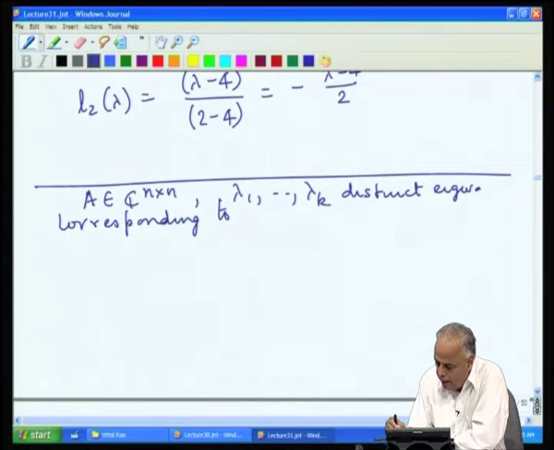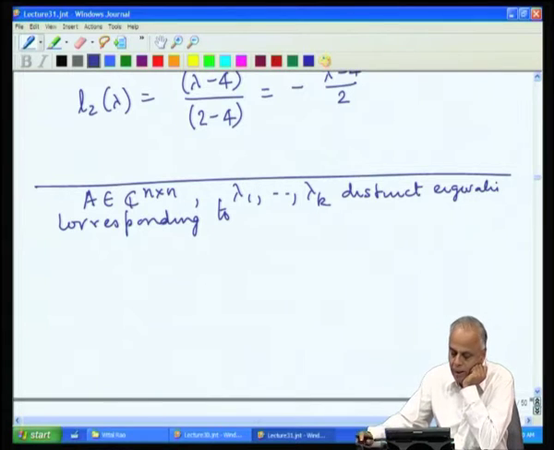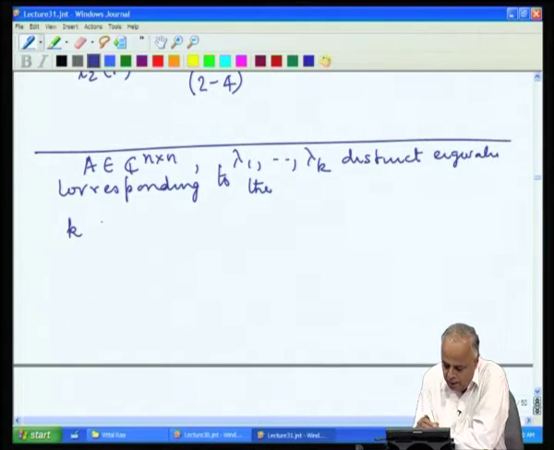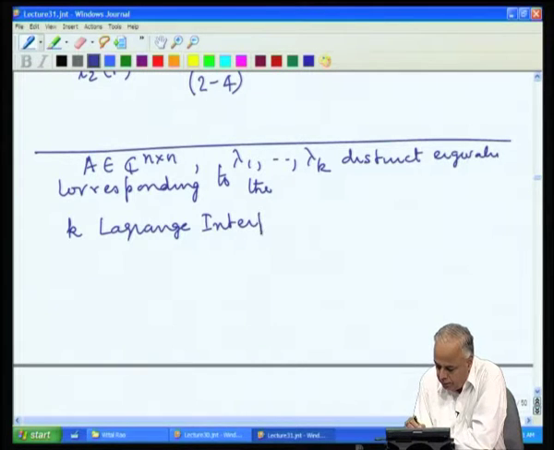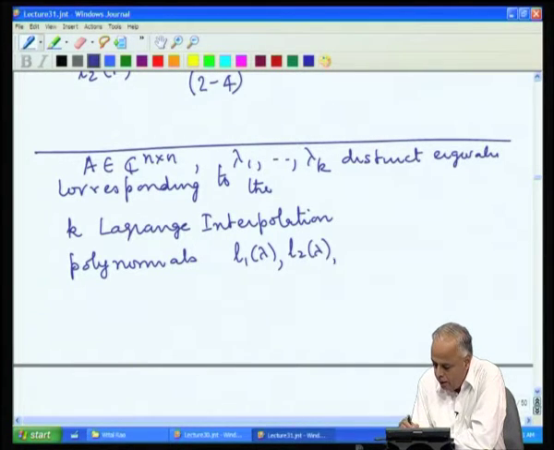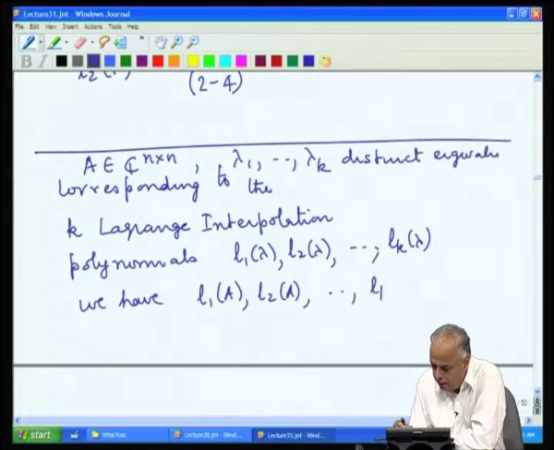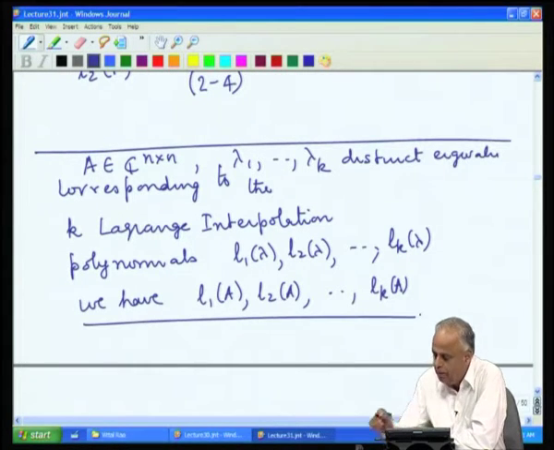Once I have k distinct eigenvalues, we have k Lagrange interpolation polynomials. What are they? L1 lambda, L2 lambda, etcetera, Lk lambda. We have the corresponding matrices L1(A), L2(A), etcetera, Lk(A). We will use these matrices.